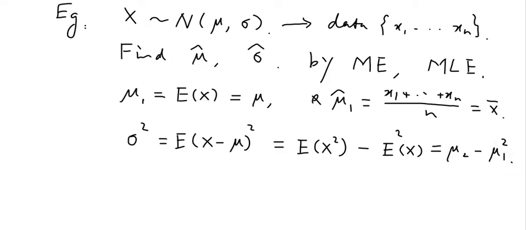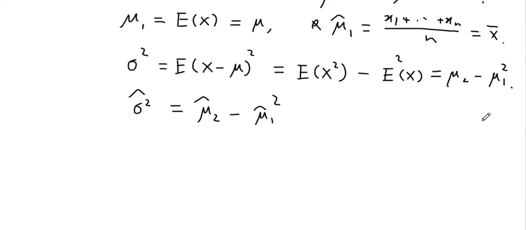Okay, so for estimating sigma square, we use this. The estimate of the variance sigma square equals mu2 hat minus mu1 hat square. What is mu2 hat?